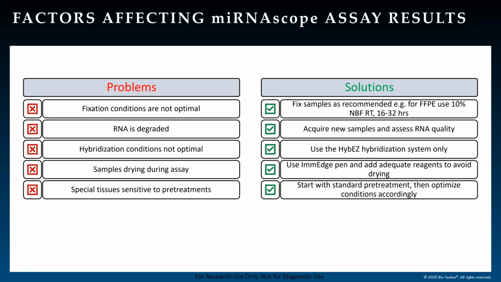For example, some problems are listed on the left, such as fixation conditions that are not optimal or hybridization conditions that are not optimal. These issues can be addressed by the solutions listed here on the right: fixing samples in the recommended conditions for your sample type, as shown before for FFPE tissue, and using the HybEZ hybridization system for optimal hybridization conditions.